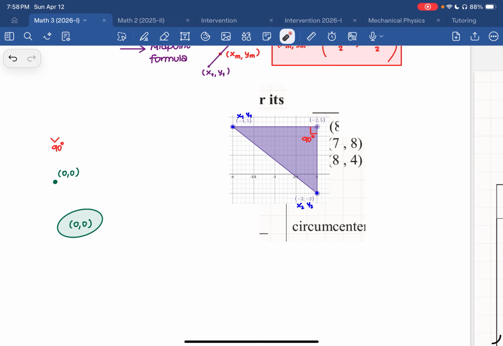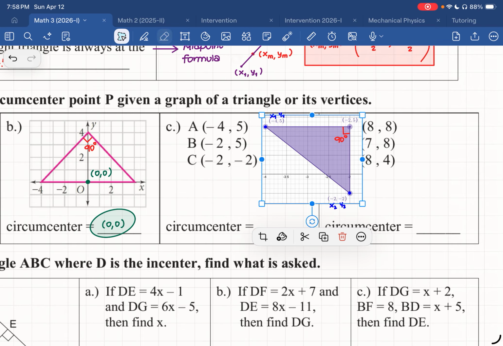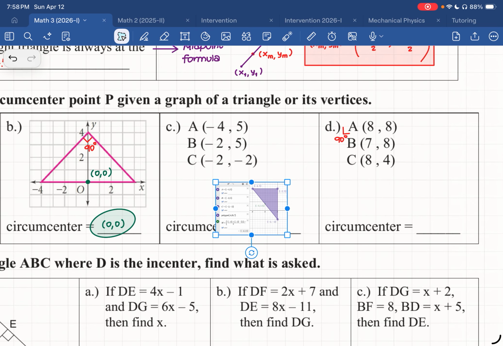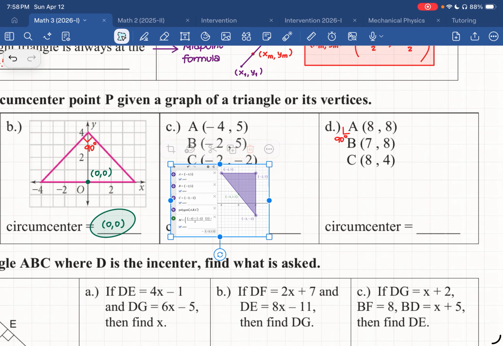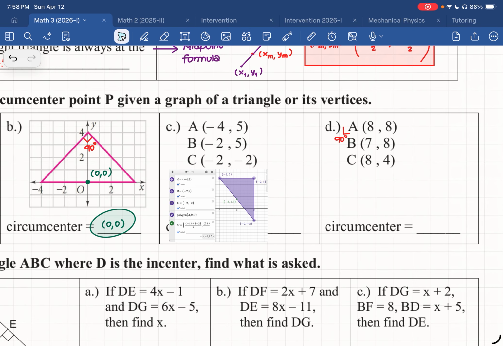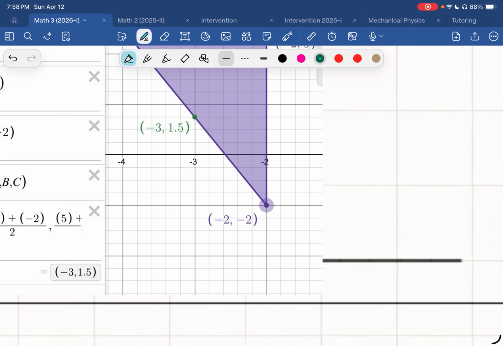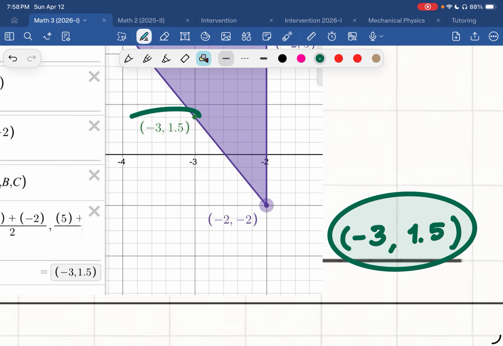I don't like this anymore. I'm just gonna delete this. I think the best idea here is just to put a screenshot of the whole solution, right? And I'm gonna tell you, the midpoint in this case, according to my calculations, is negative 3 comma 1.5, right? And how do we do it? Just using Desmos.